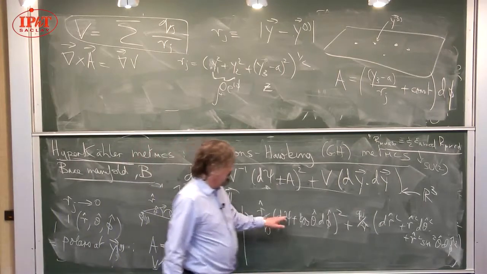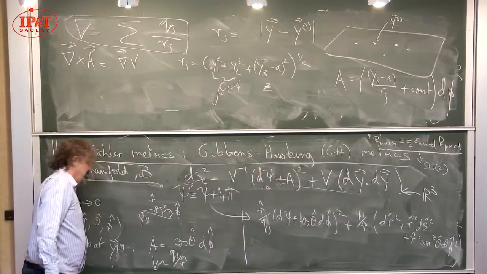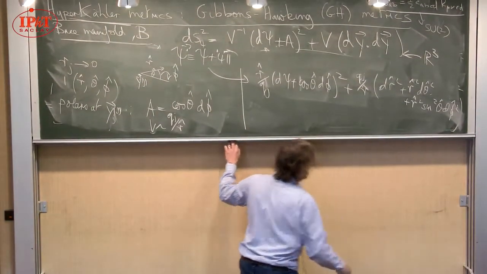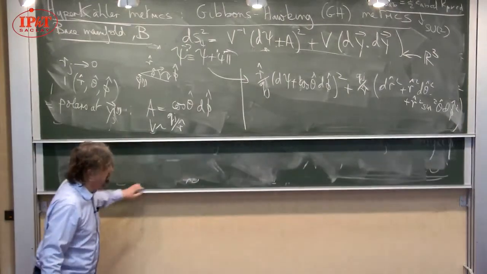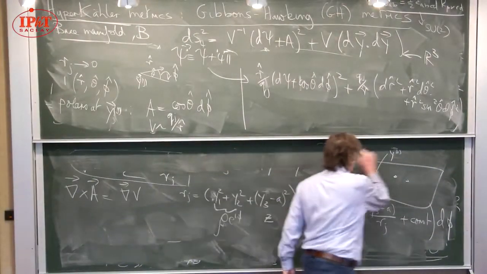Well, this term looks fine. The problem is here. It looks like this qj hat is blowing up. But in fact, it isn't. It's just a square root branch cut singularity. So let's pull it apart and see what's there.